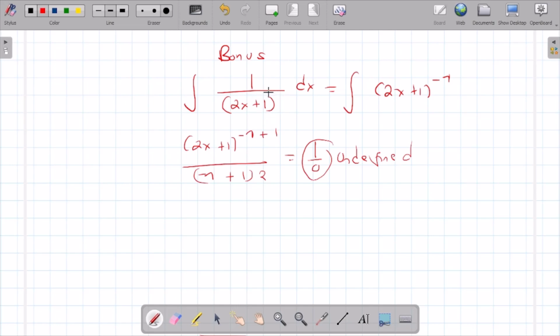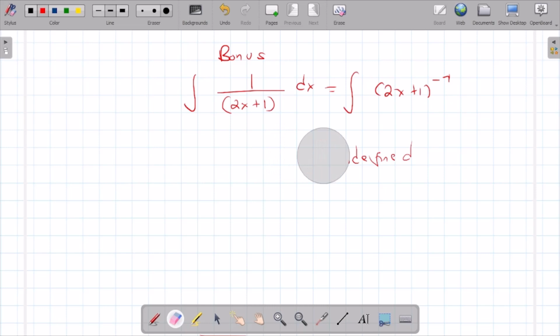So how do you solve such problems? You can only solve such problems by using a simple method. You have to change some variables. So we have to change our x, we have to change our dx. We have to change our 2x plus 1 and change our dx.